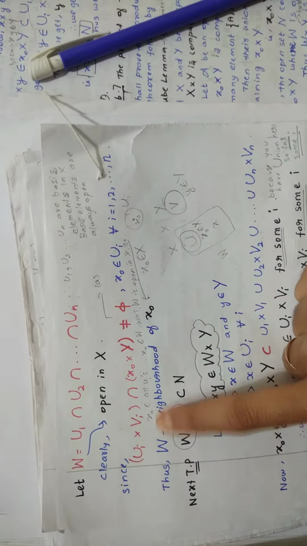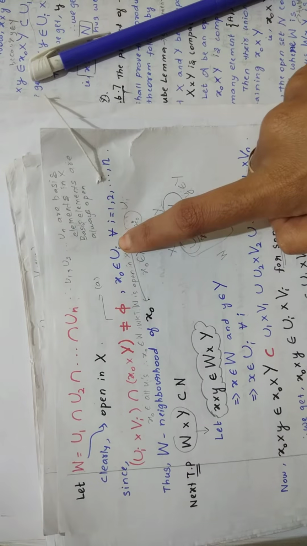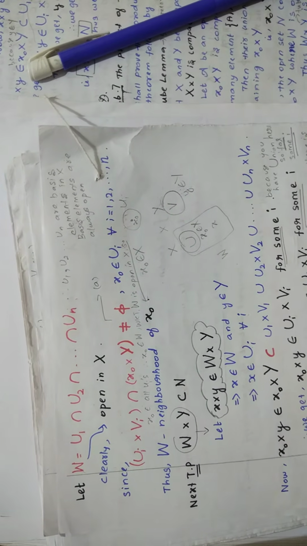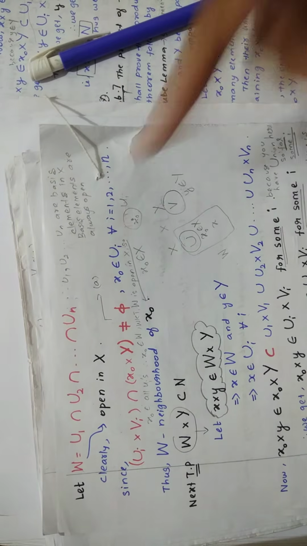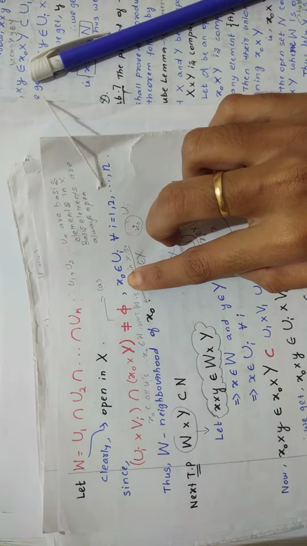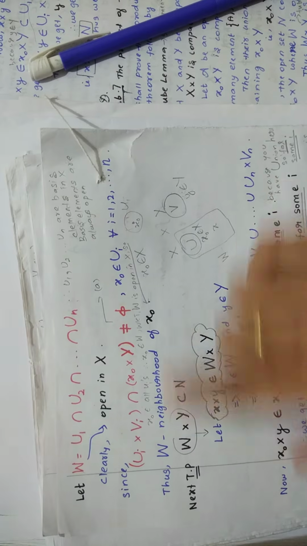So here in this line you have written x naught belongs to ui. Okay, ui means x naught belongs to u1, u2, u3, u4, u5. In all ui's till n you will have this x naught. So that is why x naught belongs to all ui's, right? I am telling you how you are writing this.